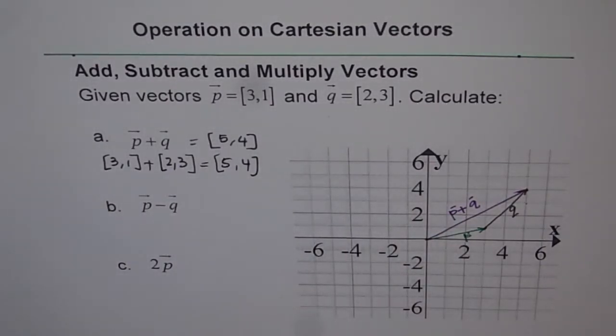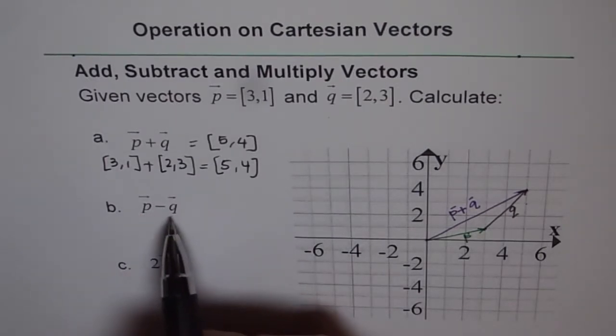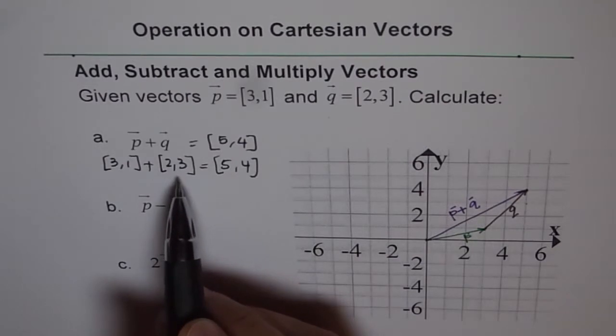So if the vectors are given as Cartesian vectors, then addition and subtraction is addition and subtraction of their respective x and y coordinates. Do you see that? So that's how we do it. Let's do p minus q using this technique which we just learned.